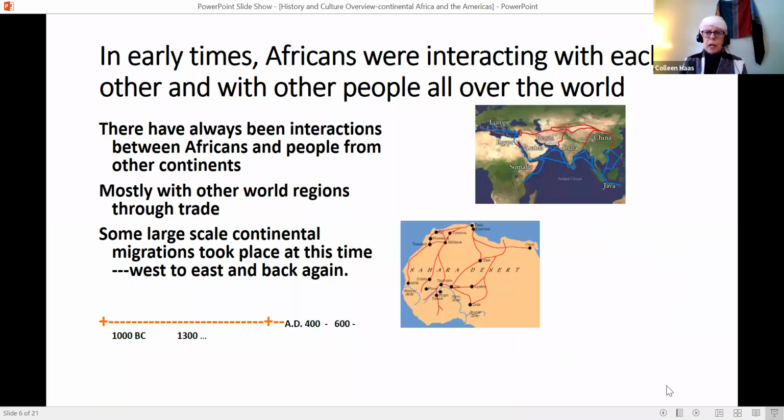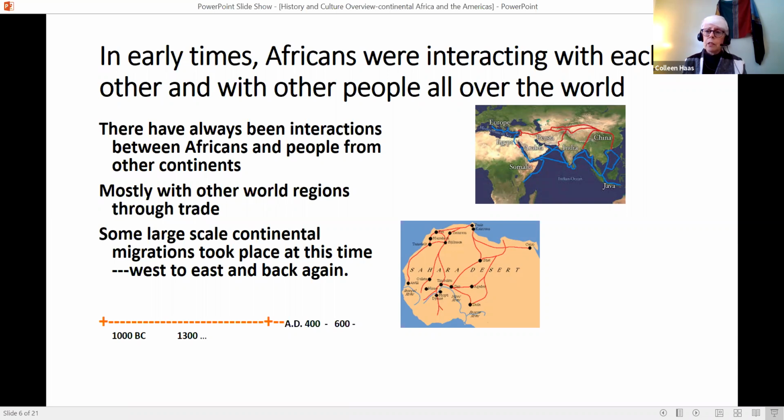So in the earliest times that we know that we can actually learn something about Africa, we understand that they were interacting with each other and with people all over the world. They weren't just static in their own situations. They actually traveled, they traded, they sometimes traveled at great lengths, but there have always been these interactions.